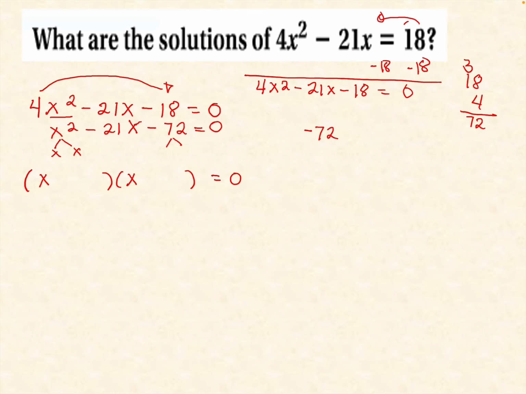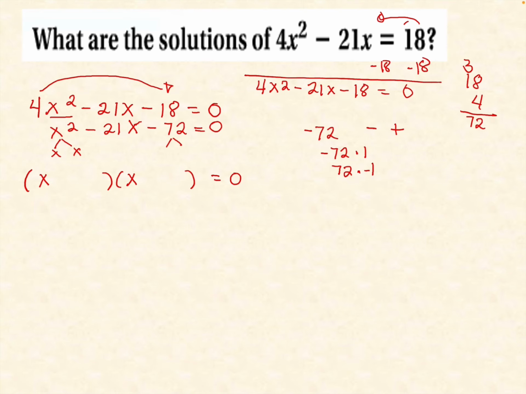If that is negative, it is expected that one factor is negative and the other is positive. So we're going to list down factors of 72. It's a little bit big numbers, but let us try. So negative 72 times 1, it can be 72 times negative 1.